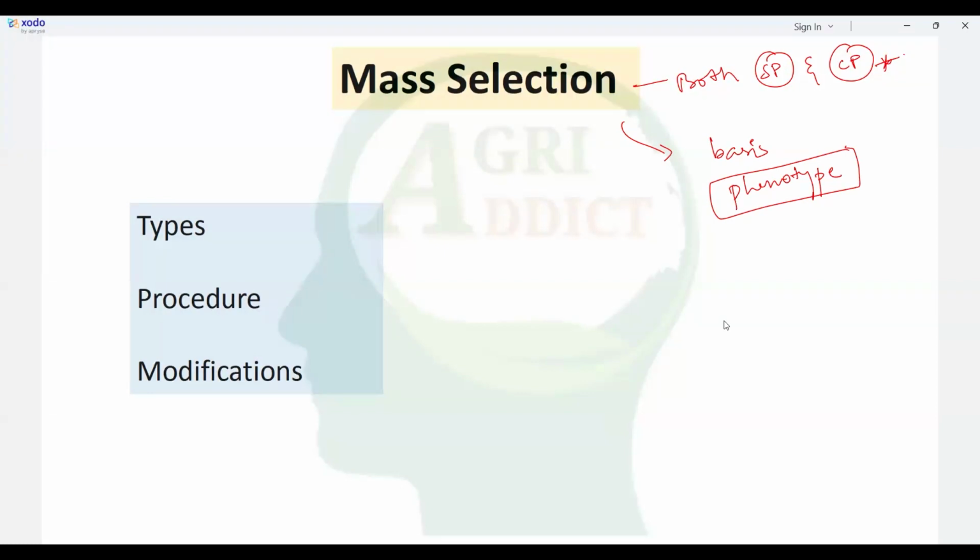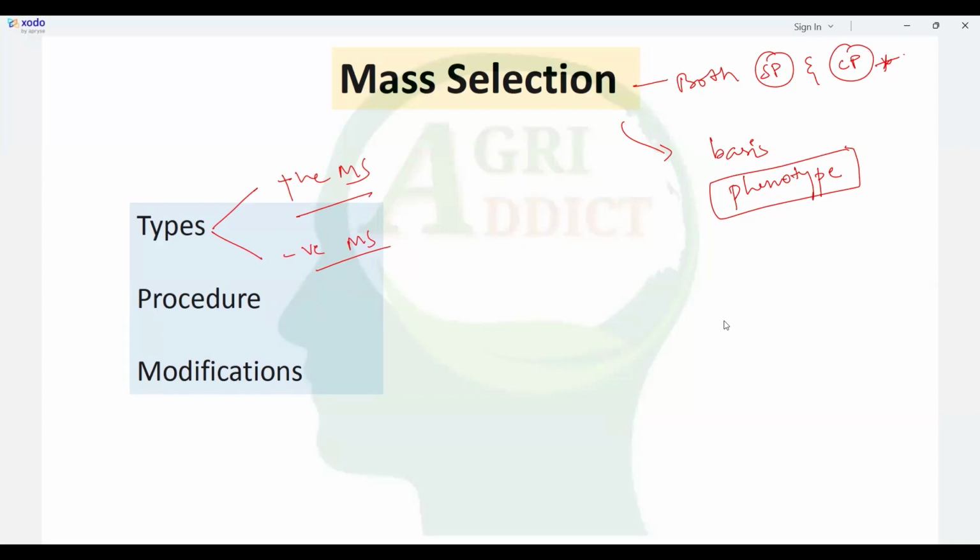So coming to different types of mass selection, there are two types. One is positive mass selection, and the second is negative mass selection. These are exclusively interchangeable types of things.